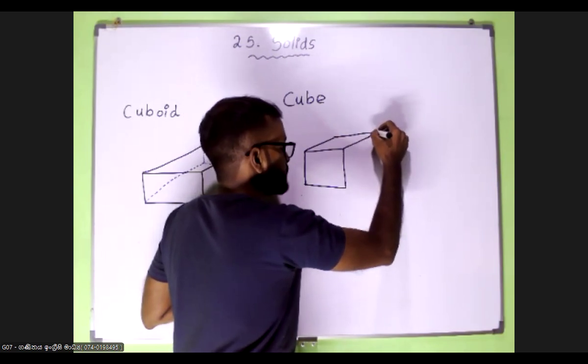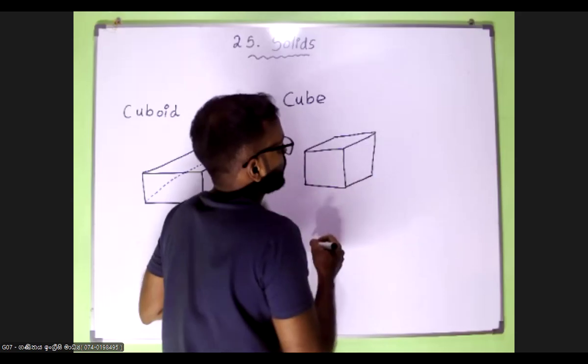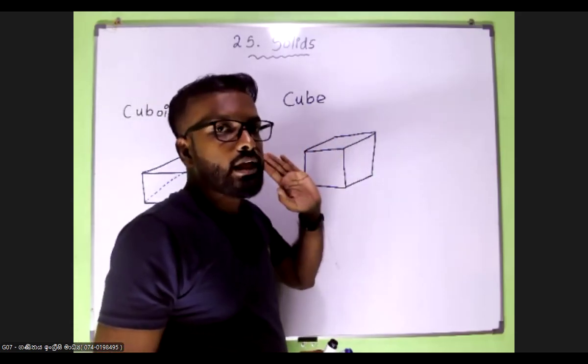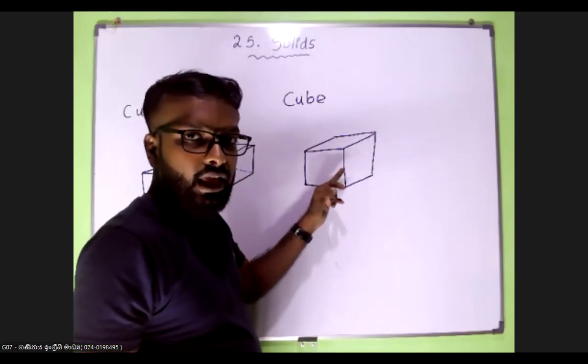Exactly, it would be like this. All the sides are equal: length, breadth, height.